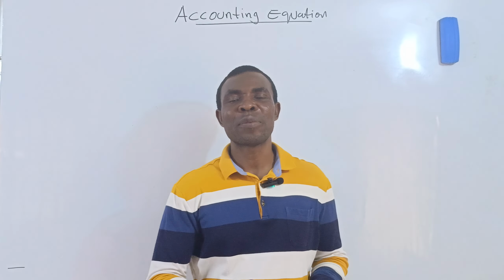Going by our accounting equation, assets is always equal to equity plus liability. This is the accounting equation for an asset. Making asset the subject of the formula, it gives you asset equals equity plus liability. Having dealt with assets, let's now go to liability.